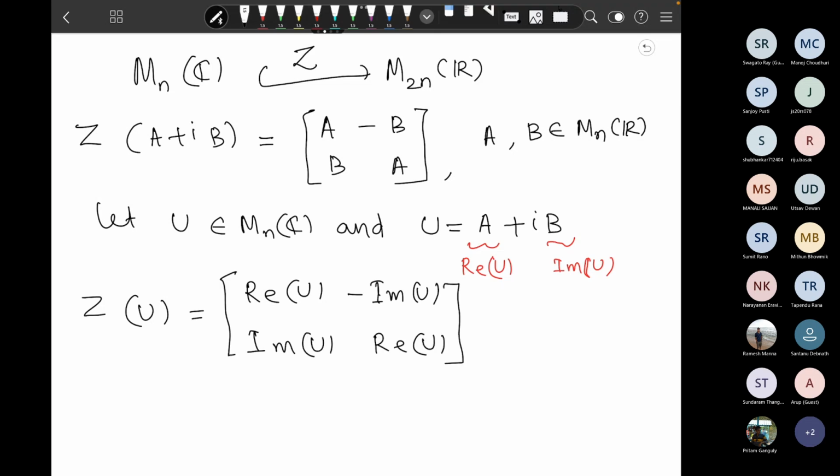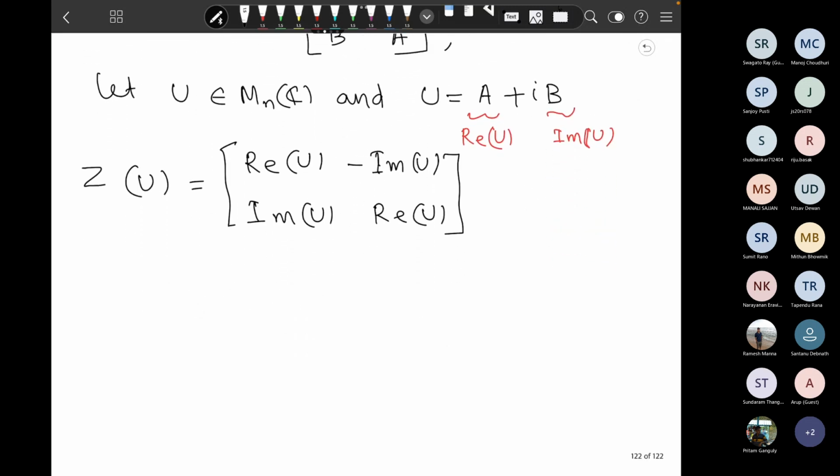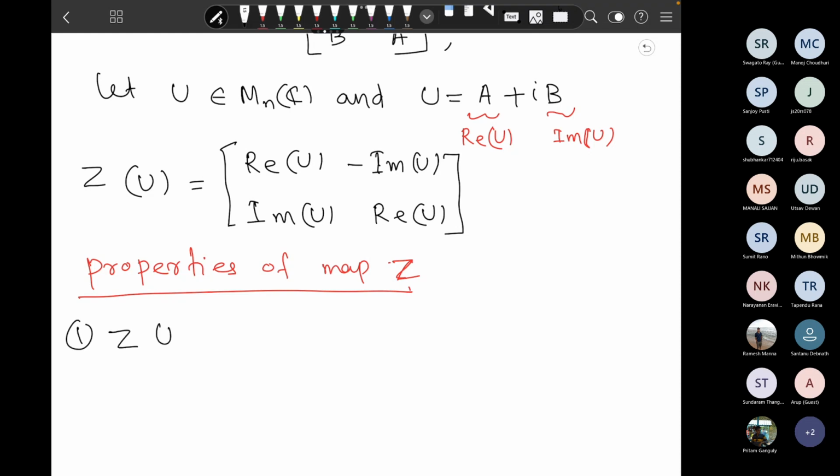Now we will investigate the properties of this map Z. The first property is very clear: Z of U1 plus U2 is equal to Z of U1 plus Z of U2.